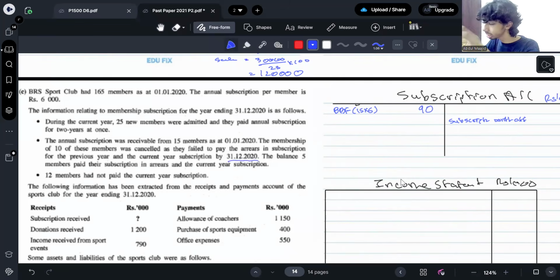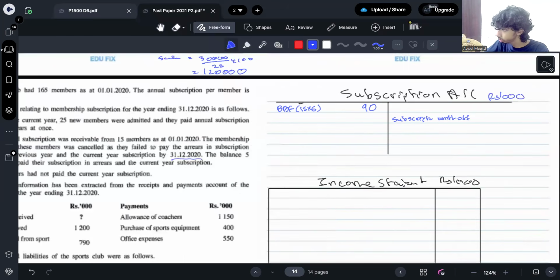So subscription written off. We are considering them as members during the year and writing off the membership of last year and this year. So for 10 members into 2 years, the annual subscription is 6,000. We are considering them as members during the year because the subscription is written off at the last date.